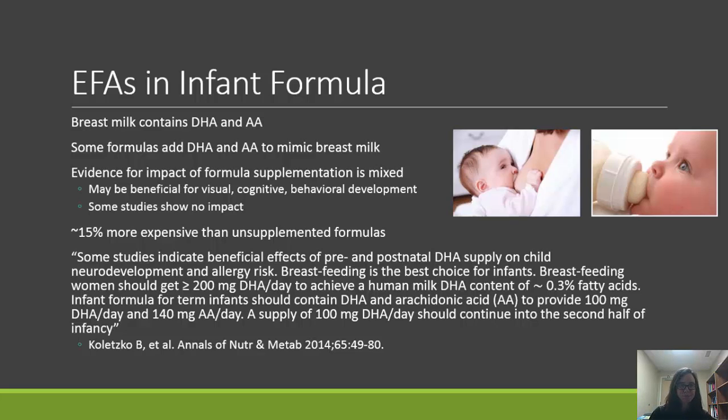It basically summarizes the same thing, but says that yes, breastfeeding is the best choice for infants, as we know. Breastfeeding women should get adequate DHA so that we have adequate amounts in the breast milk. And infant formula should contain DHA and arachidonic acid to provide these fatty acids for infants through the first year of life.